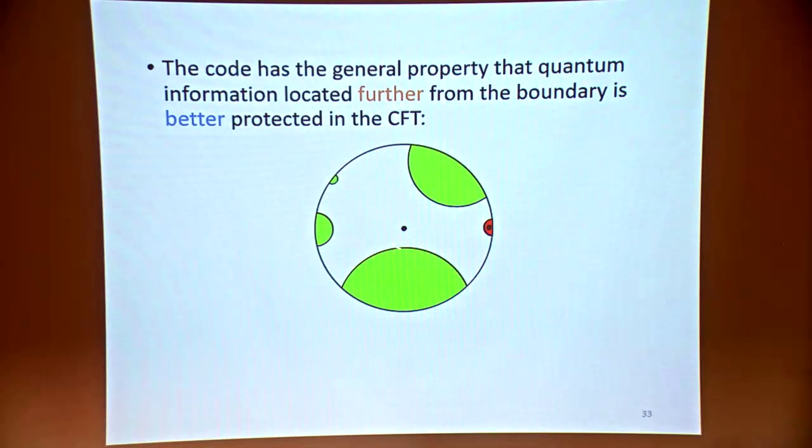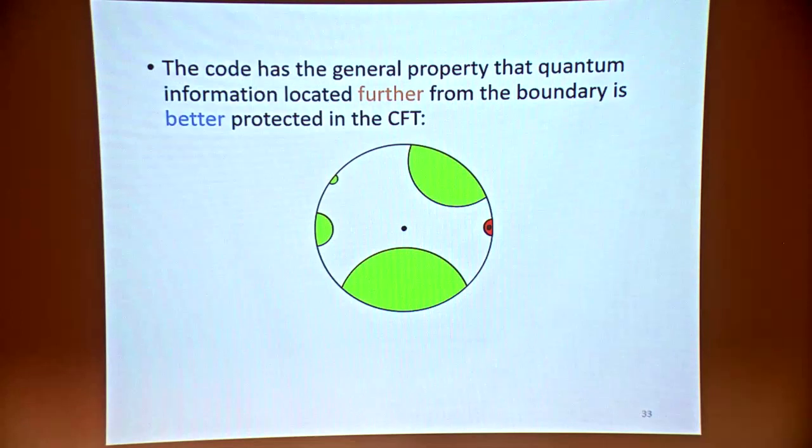So in this picture, the operator furthest from the boundary is the one in the center, and is best protected because you can erase many small systems, and you can still recover the information from the rest of the system. For example, you can erase this part of the CFT, or change the state, or do anything on it, but you can still reliably recover the operator here by using the complement of the region that you've erased.